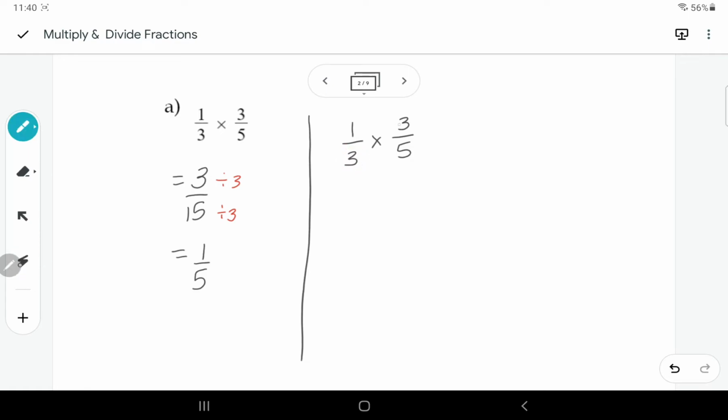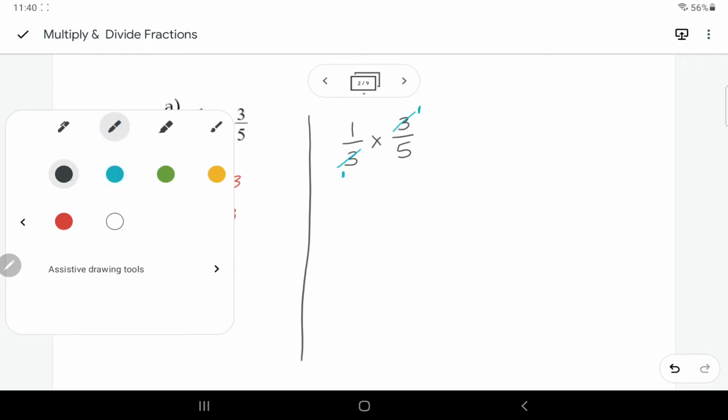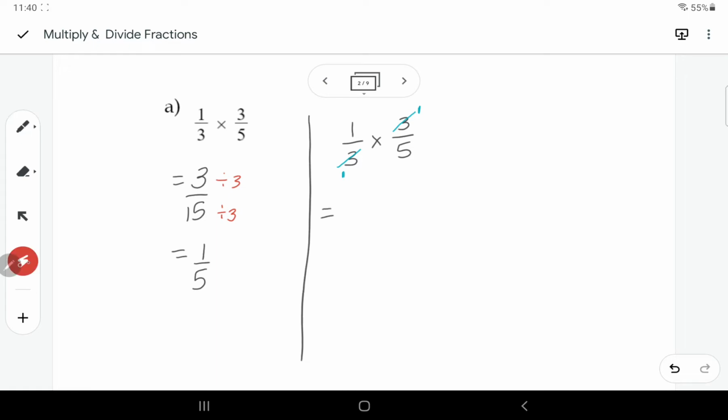So I could have back here said, I can do 3 divided by 3 and put an answer of 1, and 3 divided by 3 here and put an answer of 1. And then when I'm multiplying, on top I just have 1 times 1, which is 1. And on the bottom, I've got 1 times 5, which is 5.